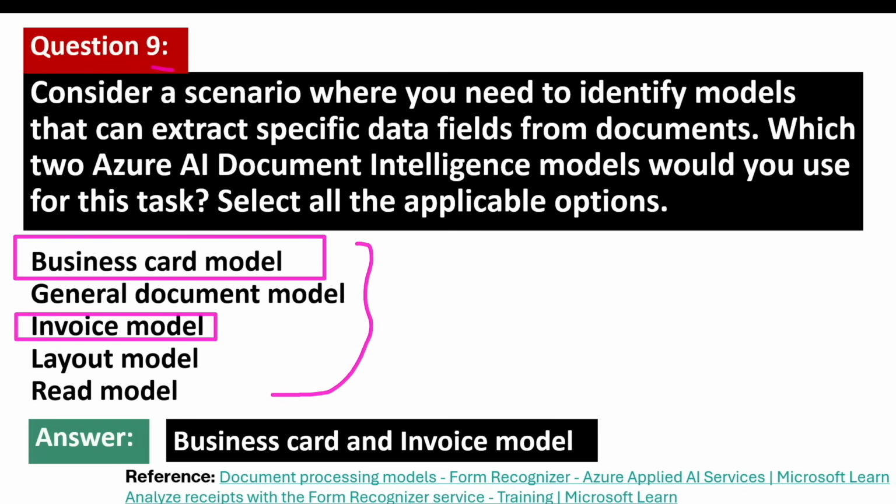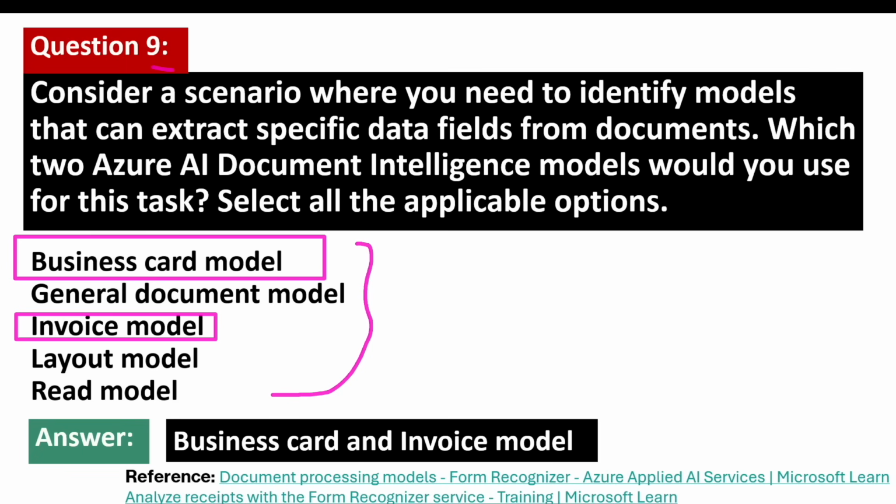So let me help you understand what this business card model is, because that is one which I didn't explain in the previous question. The business card model in the Azure AI Document Intelligence tool is designed to analyze and extract key information from business card images.